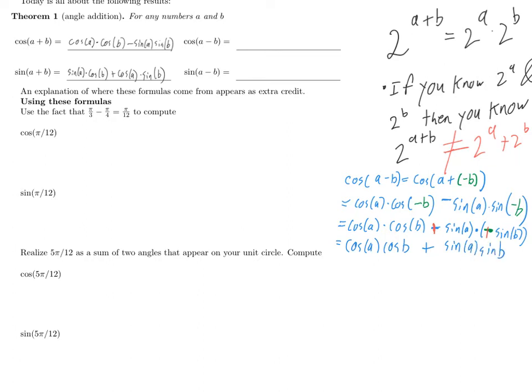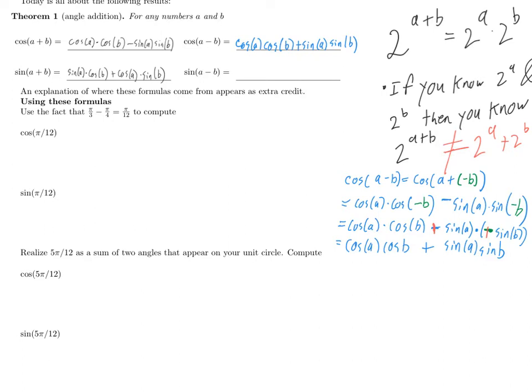So the cosine of a minus b is equal to the cosine of a times the cosine of b plus sine a sine b. And I bet you could do something really similar for the sine of a minus b. I'll just write out what you wind up getting.